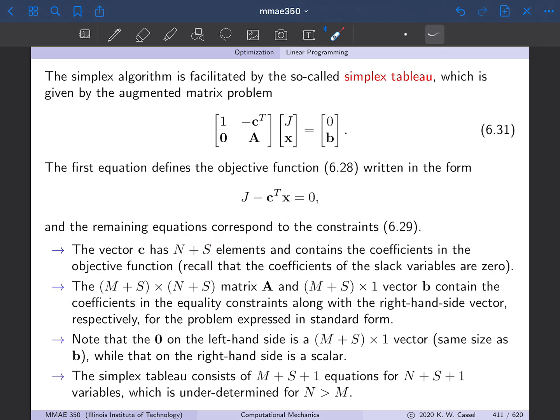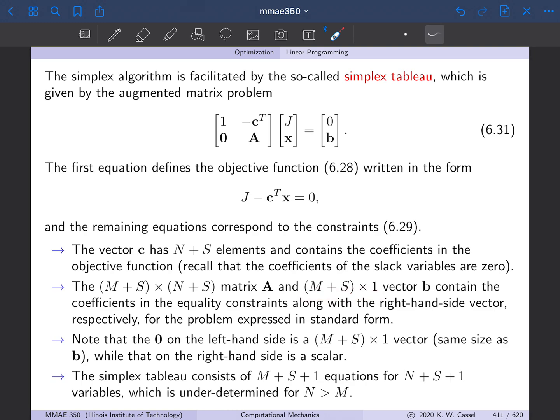So they're included because now we're going to include in x all of the slack variables as well as the original design variables. Then A is m plus s by n plus s. Once again, we already discussed that size, and you can convince yourself that that's correct. And then b is m plus s by 1, so it's a column vector.